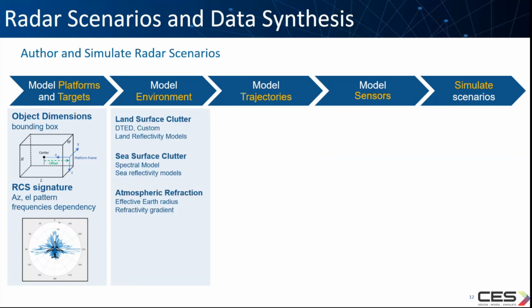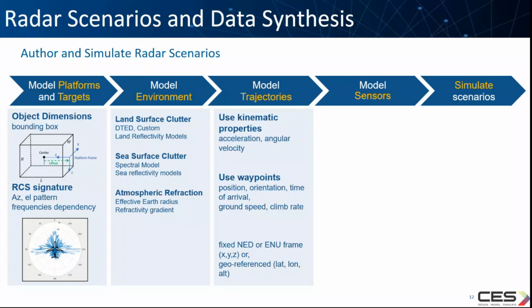Then you model the environment, including the clutter from the surface. If your radar is for, let's say, a ground radar for an airport, in this case we're talking about a land surface. If you are talking about a maritime radar, you would like to model the sea clutter, and you can also add the impairments coming from the atmosphere, including the effective Earth radius and diffraction.